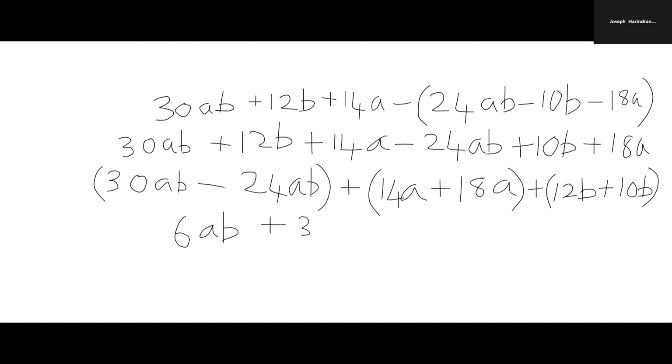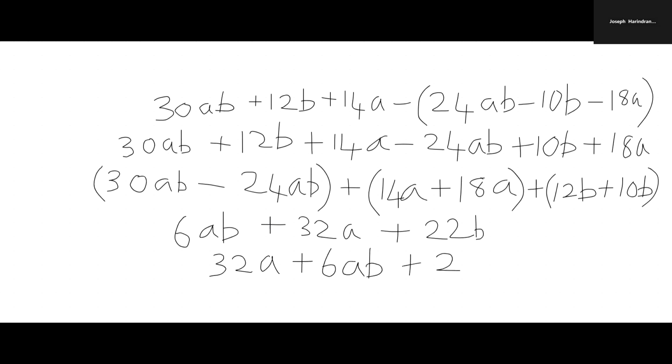If you want, you can arrange it in ascending powers of B. This is not necessary, but it looks nice. So the answer is 32A plus 6AB plus 22B.